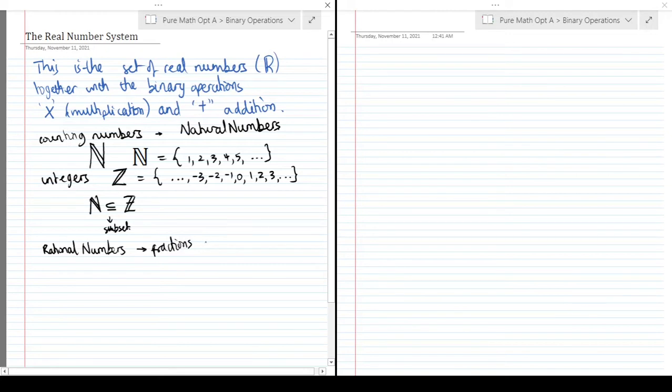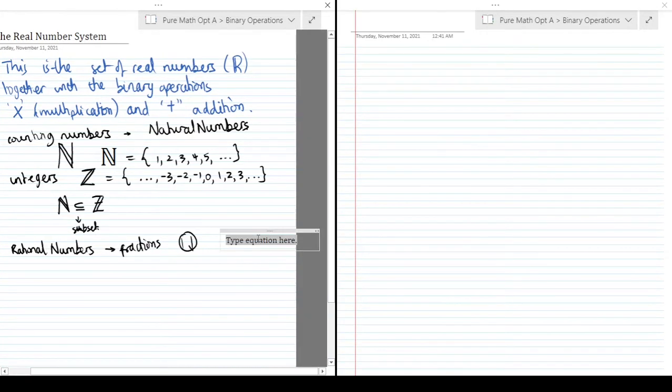So the set of rational numbers, which is the set of fractions, has the symbol double struck Q, right? That one is especially difficult to type, so let me show how it would look in typeface itself. Right, so that's how it will look in typeface, the set of rational numbers, right?